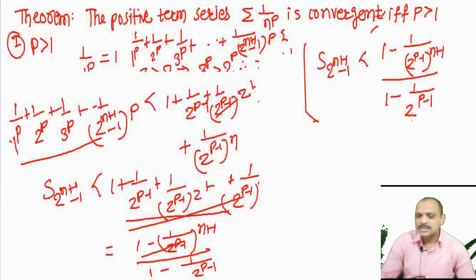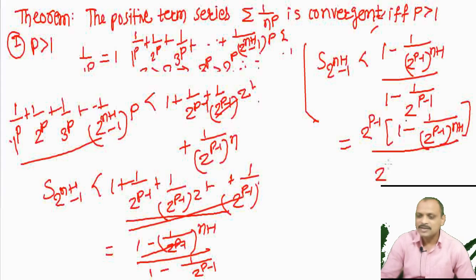Now this is equal to, let us take the reciprocal in the denominator. So this denominator goes into the numerator and we get here 2 raised to p minus 1, and the bracket term as it is, 1 minus (1 divided by 2 raised to p minus 1) whole raised to n plus 1, and in the denominator we get 2 raised to p minus 1 minus 1.